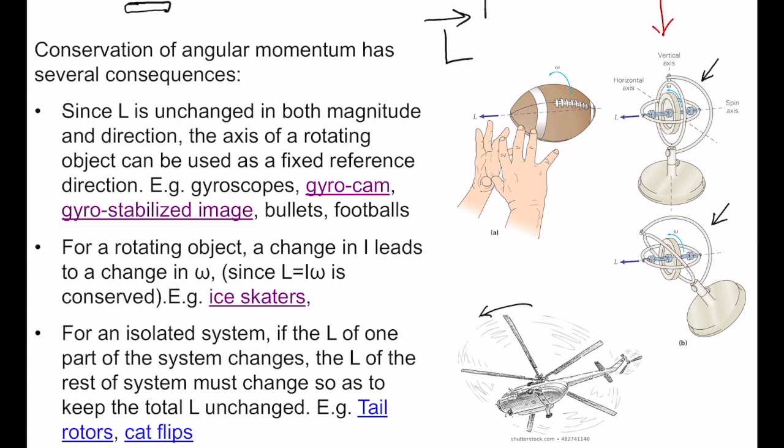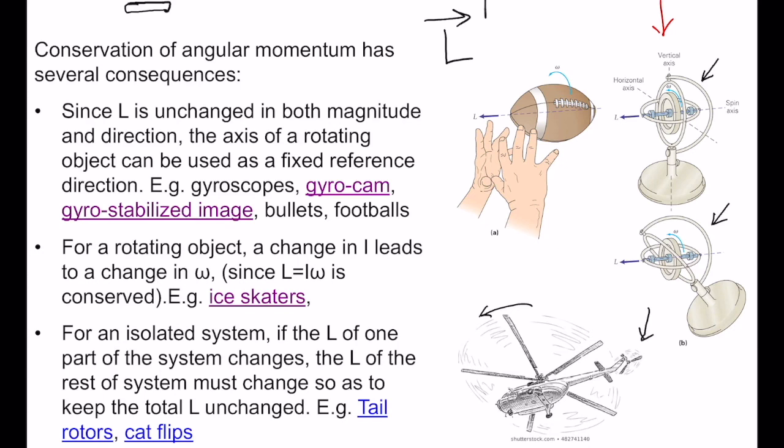That would be a problem, obviously, because you don't want the body of the helicopter to rotate while the helicopter is flying. So that is prevented by using a tail rotor, and that is the reason that helicopters have tail rotors. The tail rotor exerts a torque which prevents the body of the helicopter from rotating in the opposite direction.